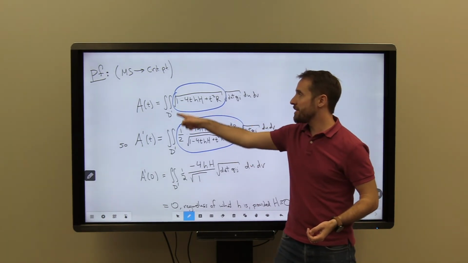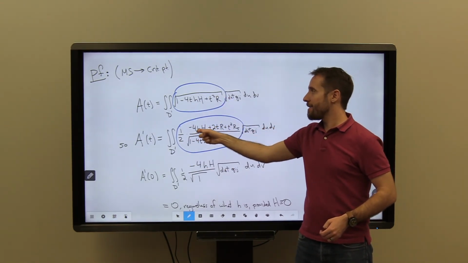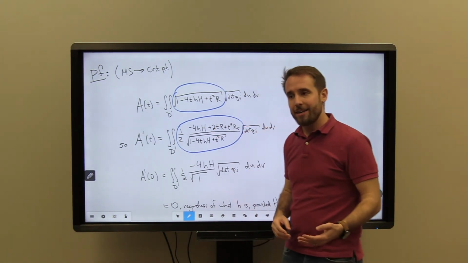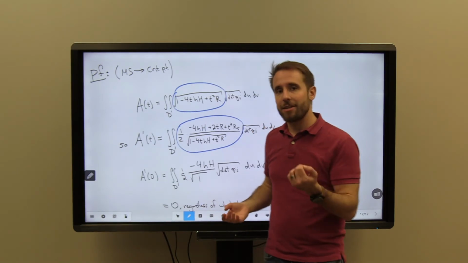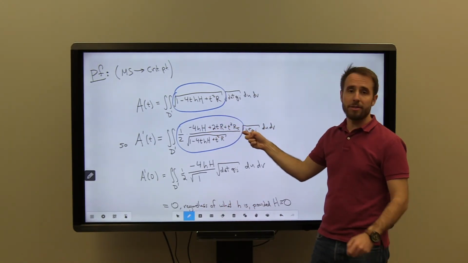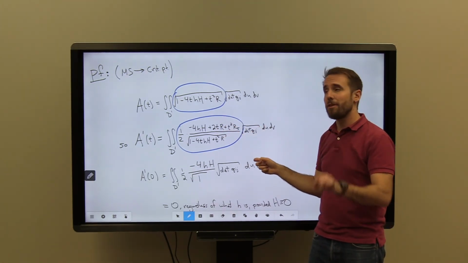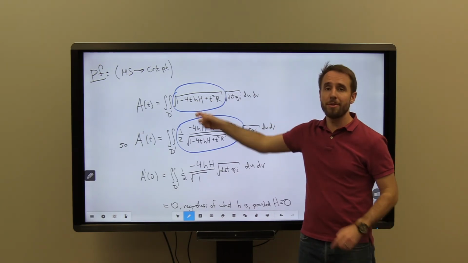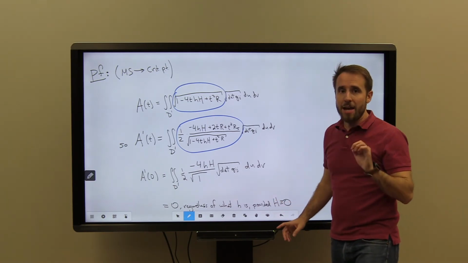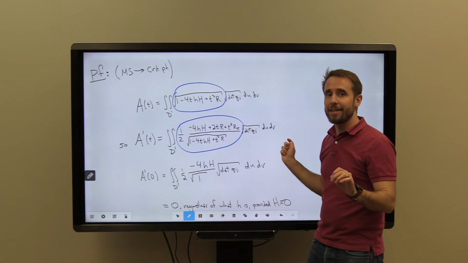So the 1 disappears, the negative 4tHh becomes just a negative 4Hh, and everything with a t squared on it still has a t attached to it, right? We got 2t times r plus t squared times the t derivative of r, but all of those things still have t's involved. It was only this first order term whose t disappeared. Now, A prime of t is equal to the integral of this ugly bunch of nonsense.